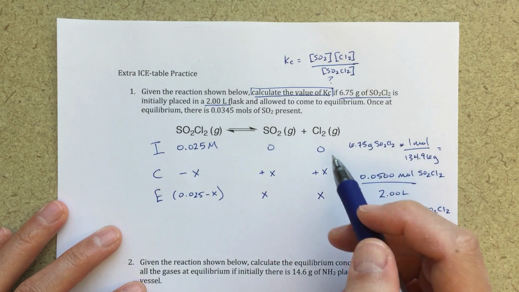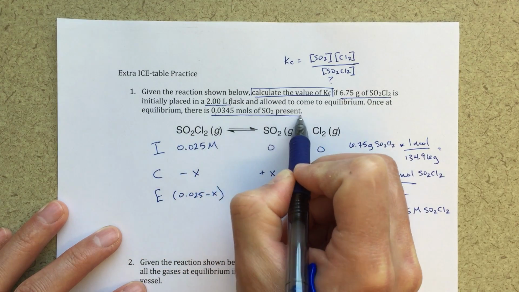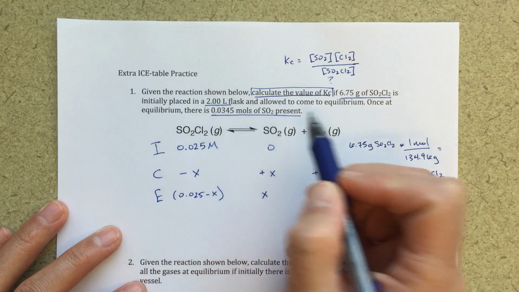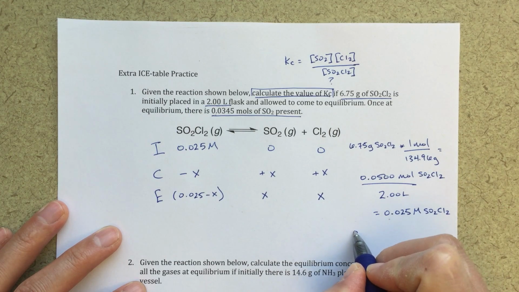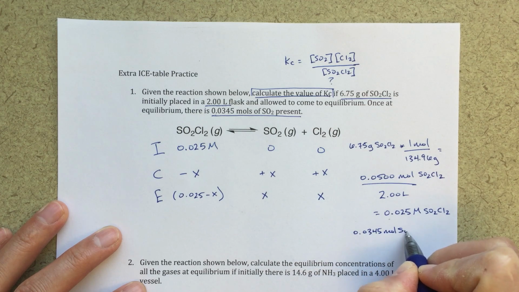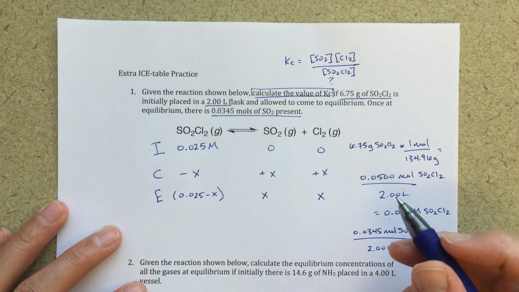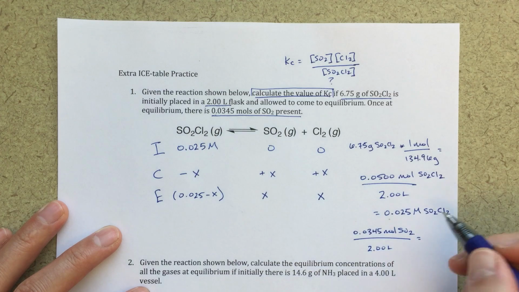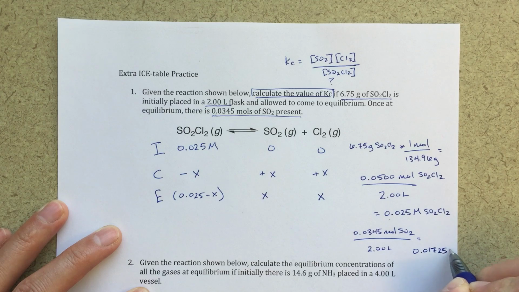We're told that at equilibrium, there is 0.0345 moles of SO2 present. Again, I'm going to want to convert that to molarity, to make sure that we're consistent there. So if I take 0.0345 moles of SO2 and divide that by 2.00 liters, that's going to give me my molarity of SO2, and that's going to equal 0.01725 molar SO2, and that's my x value.